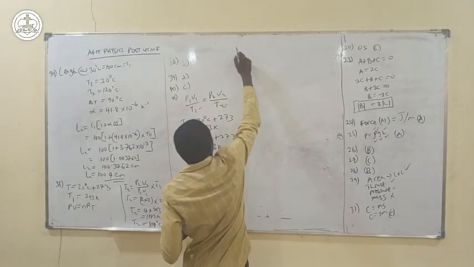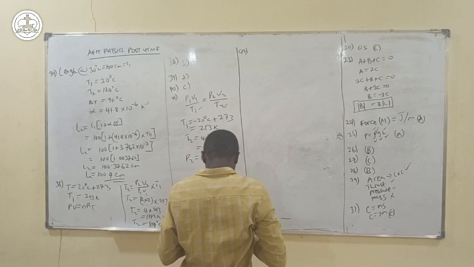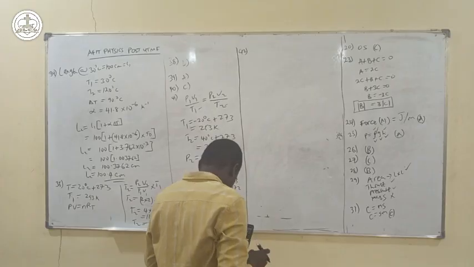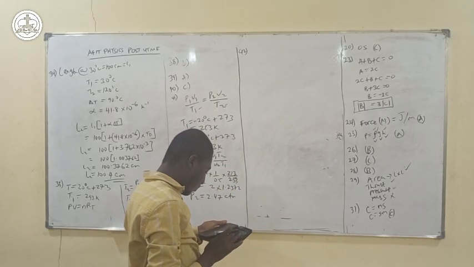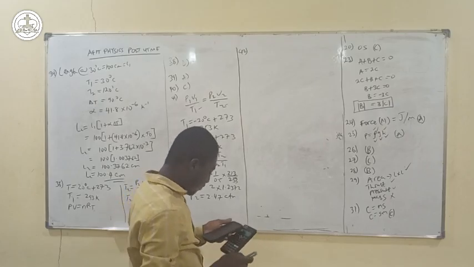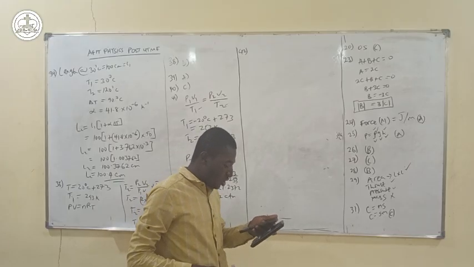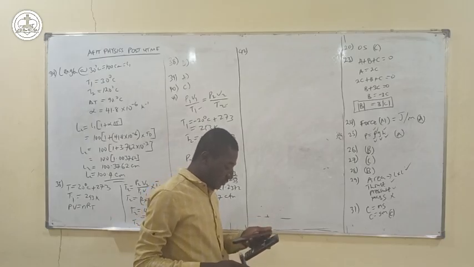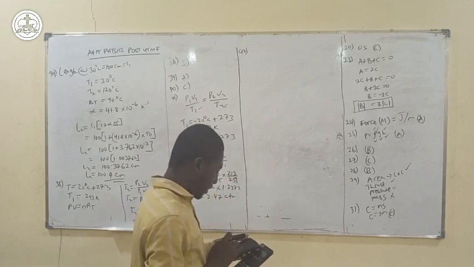Question 42 says, on a cold day, a good conductor X feels colder to the touch than a poor conductor Y because A. Y retains more heat than X. B. The temperature of X is lower than that of Y. C. X conducts heat from the body less rapidly than Y. D. X transfers heat from the body more rapidly than Y. So what do you think is the answer?